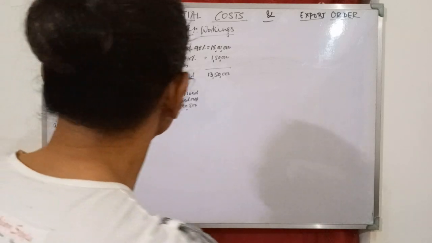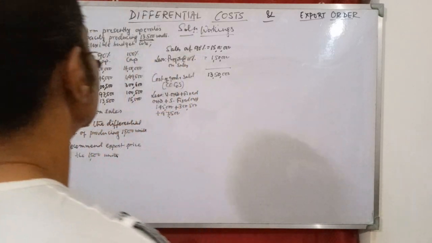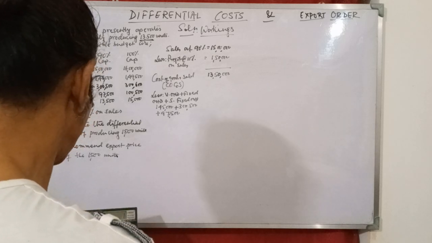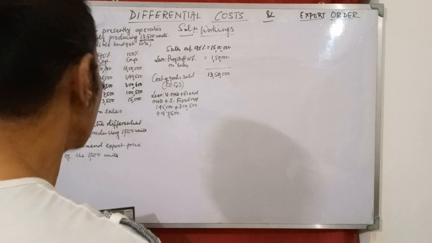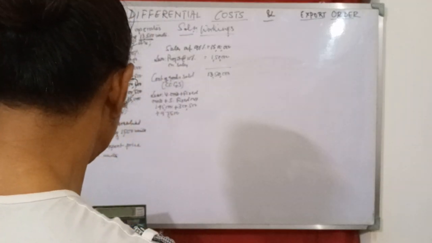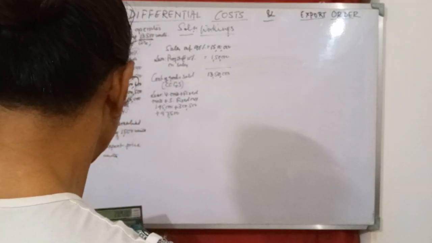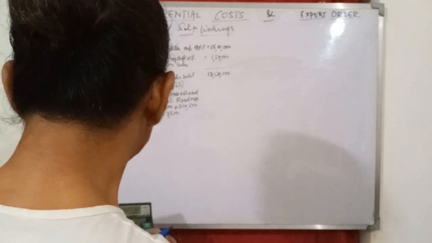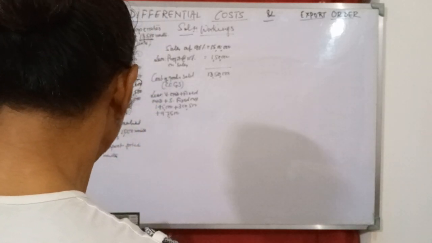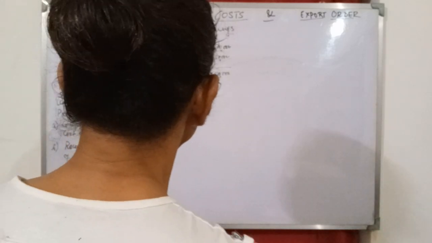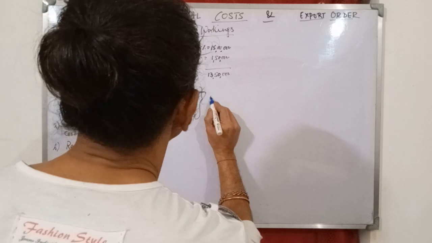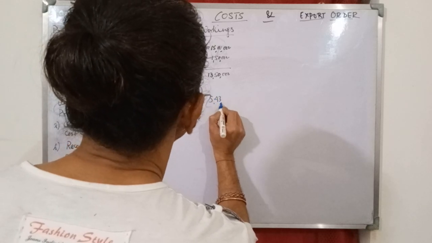Let us see what it comes to. 145,000 plus 3,500,000 plus 97,500. So we get 5,43,000.